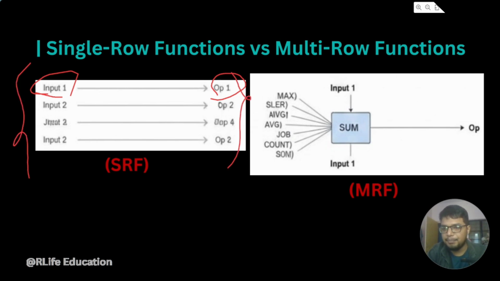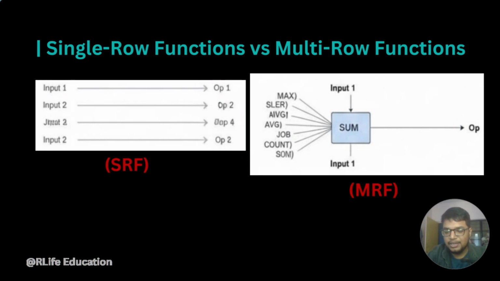But in case of a multi-row function, it is not about the number of inputs. If you give 100 inputs, it is going to give you only one output. If you give only one input, it is going to give one output. If you give 1 crore of inputs, it is also going to give you one single output. This is the major difference between the single row function and the multi-row function.